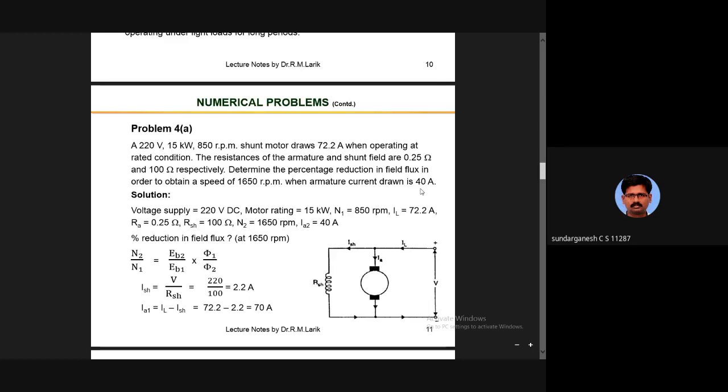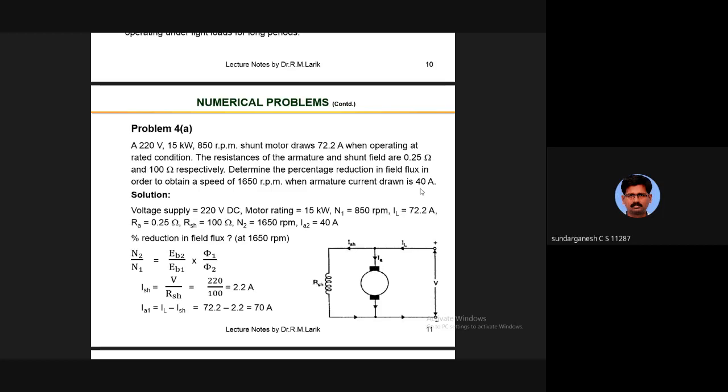From this problem, first we have to write the given data. They have given 220 volt, so it is the supply voltage: V equals 220 volt. Next, 15 kilowatt.